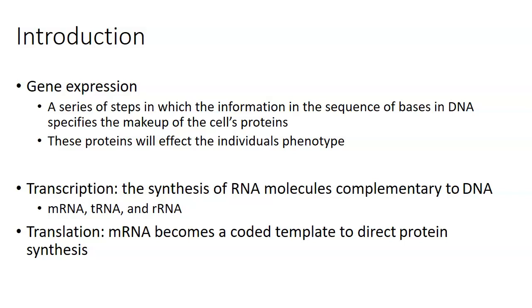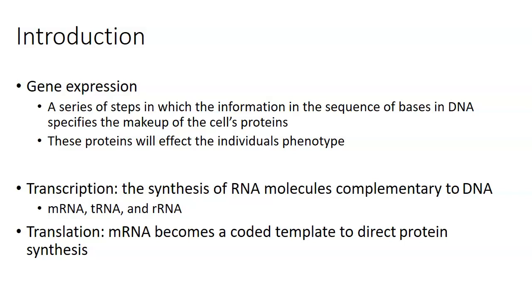There are two steps to gene expression. The first is called transcription, and the second is called translation. In transcription, DNA is copied into a molecule of RNA. So we have a gene, and it's going to be read and copied, and an RNA product will be the result.